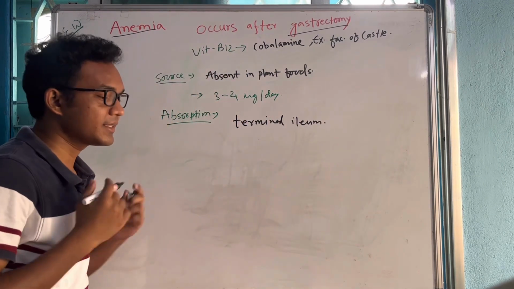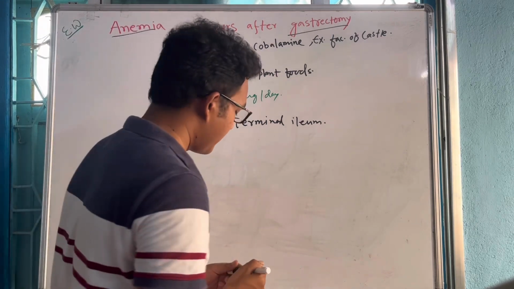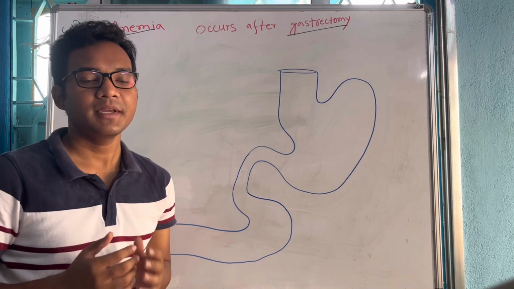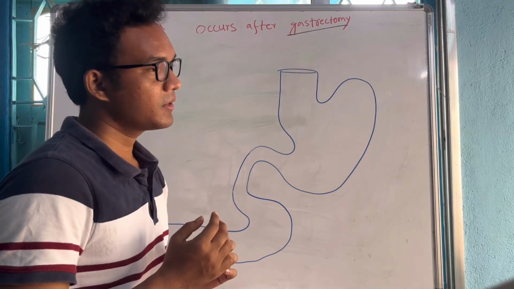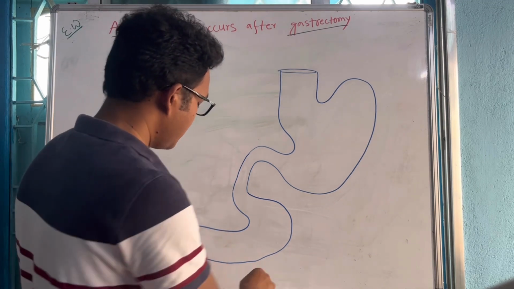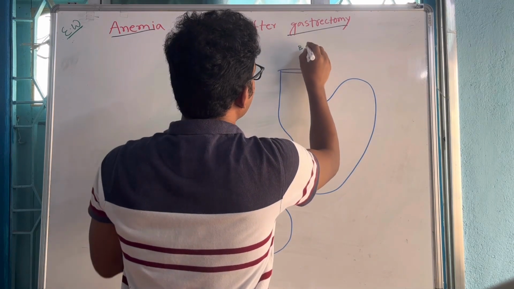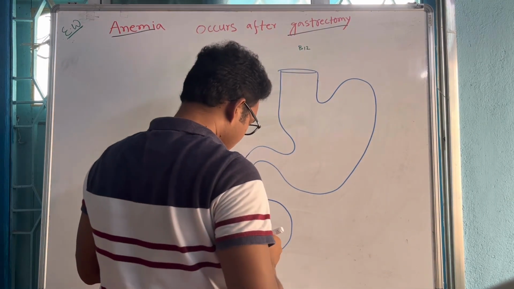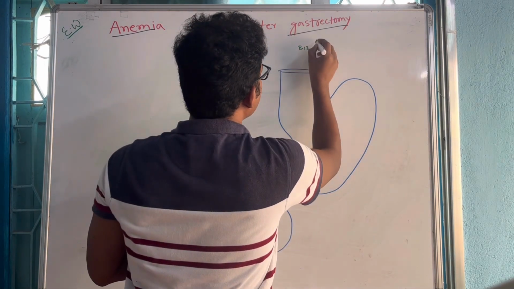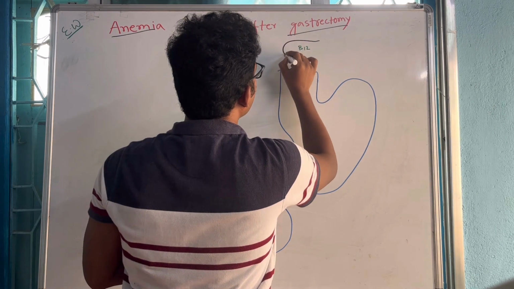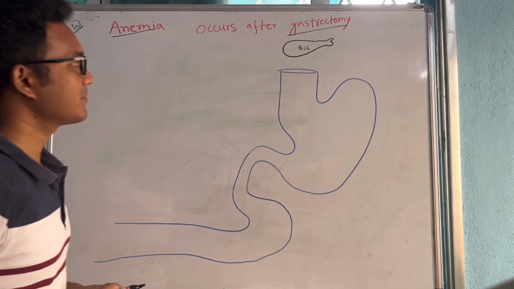Now we will discuss how vitamin B12 is absorbed, the mechanism of absorption. We know that vitamin B12 is present within animal products. Suppose this is vitamin B12, and it is present inside this chicken or fish.